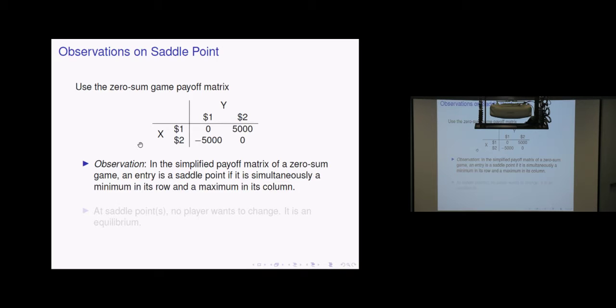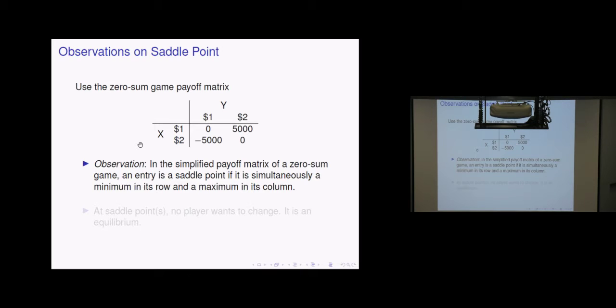So why do we care about saddle points? For player 1, the 0 is the best worst scenario. Now for player 2, his reward is actually the opposite.